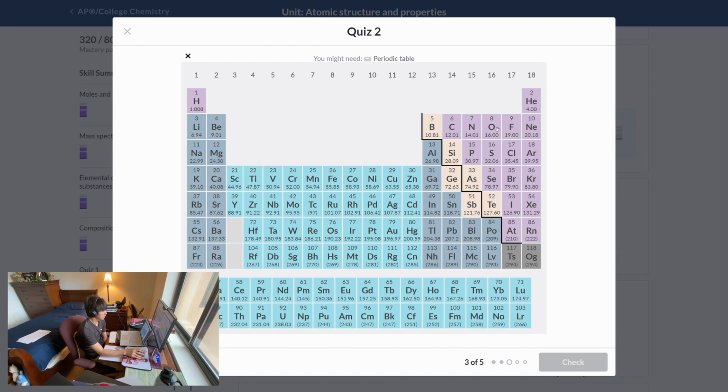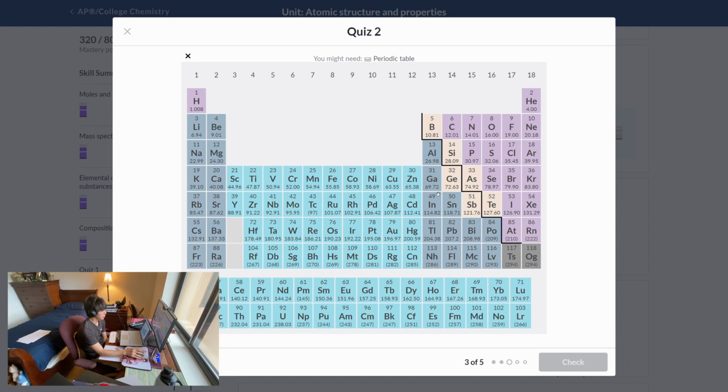Oxygen has 16 valence electrons. So it wants to gain 2. Gallium wants to gain 1, 2, 3, 4, 5. But it's easier just to lose 3 than gain 5.